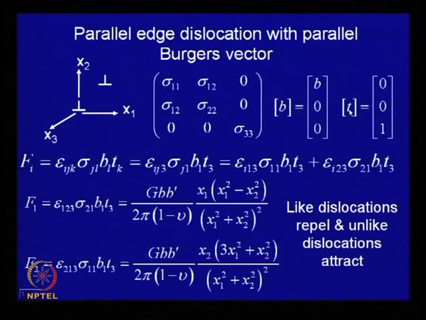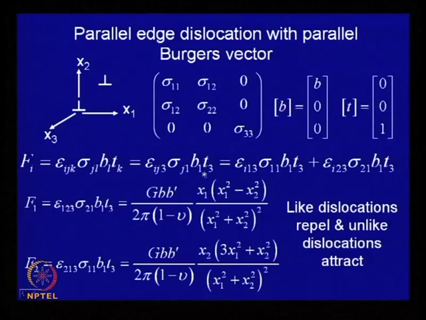Similarly, in case of t, only the x3 component is non-zero, and with that, let us find a general expression for the ith component of force F_i. So, you will write this overall general convention.